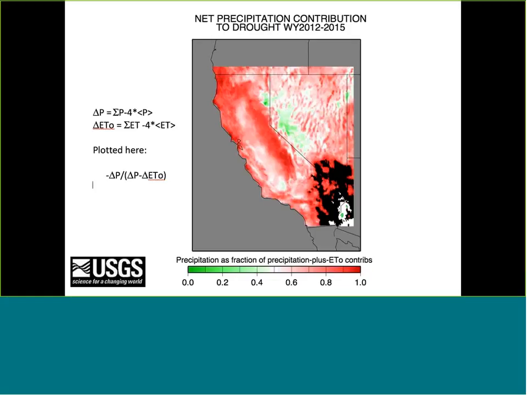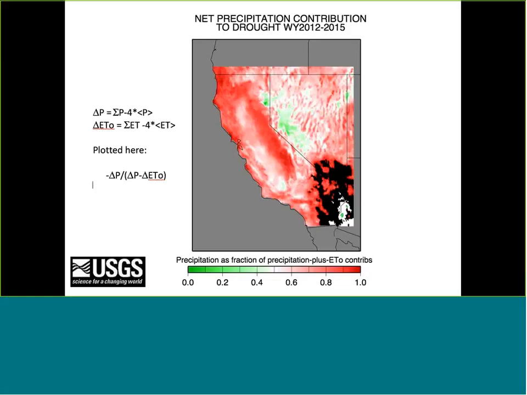There's apples and oranges going on here because we don't evaporate that much if the soil's dry. But I'm saying this is kind of the potential of this drought, let's say. And then I'm asking what fraction of that total drought potential is the missing precip, okay?